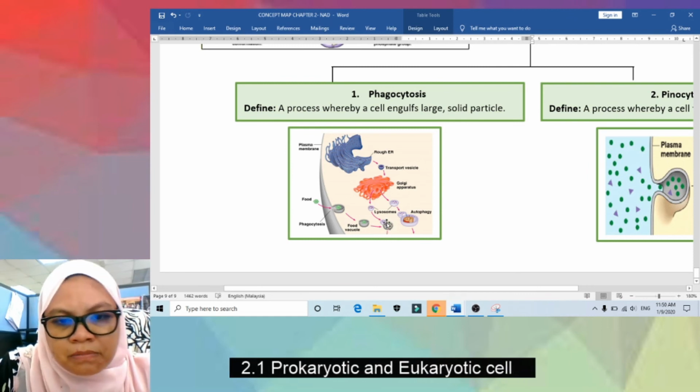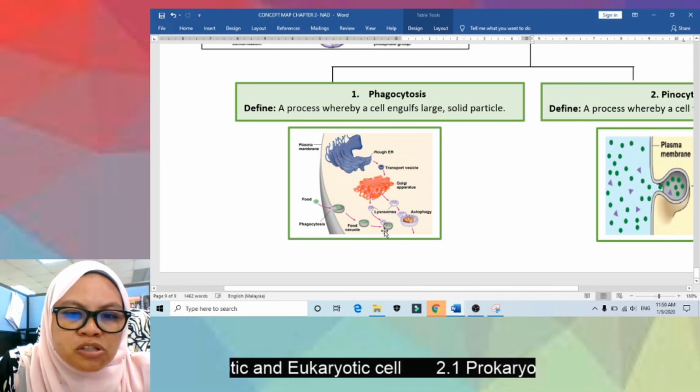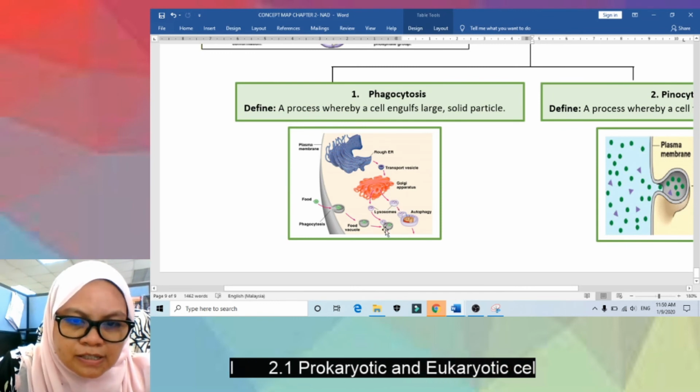At the cytoplasm, the phagosome or food vacuole will fuse with the lysosome. As you have learned, the lysosome contains hydrolytic enzymes.